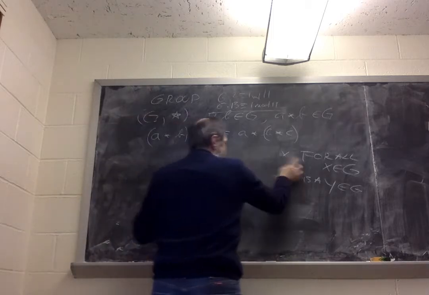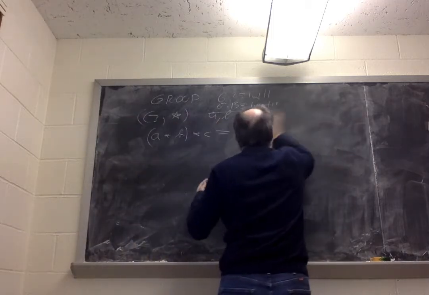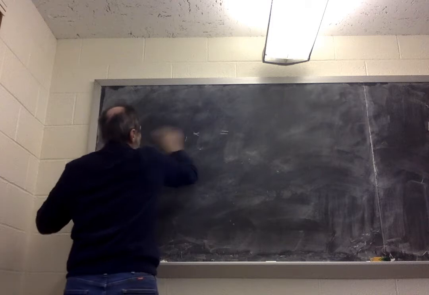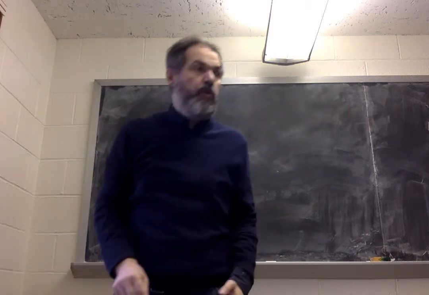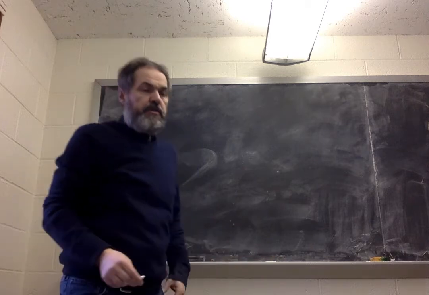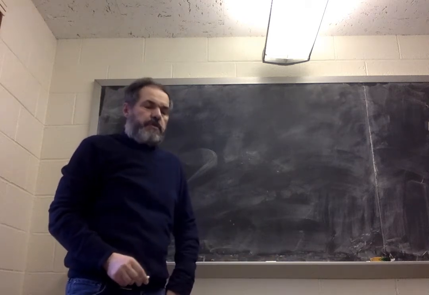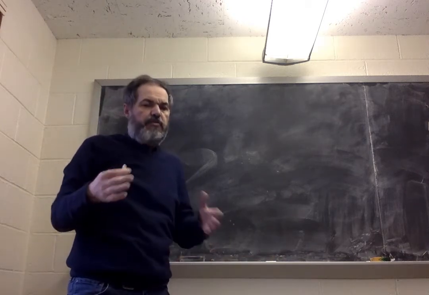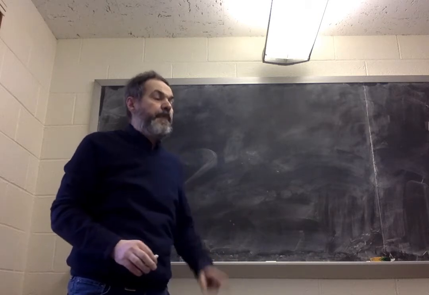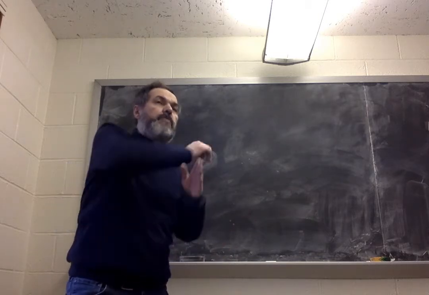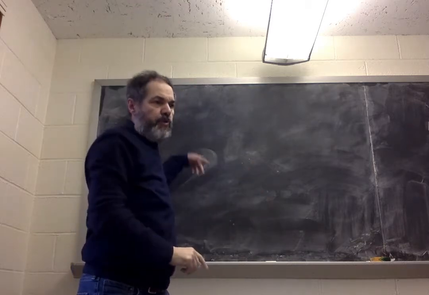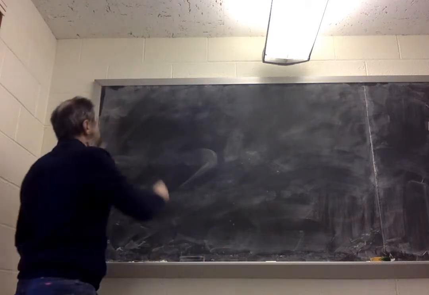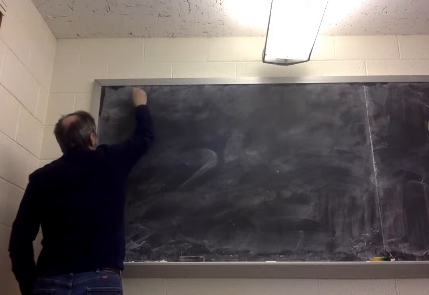Now let's see some examples of groups. Suppose I work modulo 10. How many residue classes do I have modulo 10? 10 classes. The class of 1, all numbers that end with a 1, like 1, 11, 21, 31.